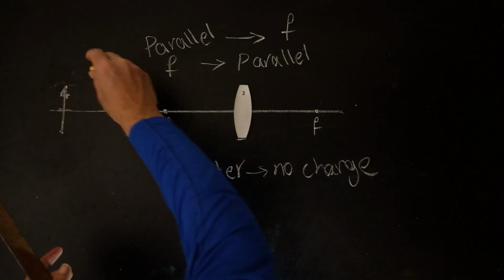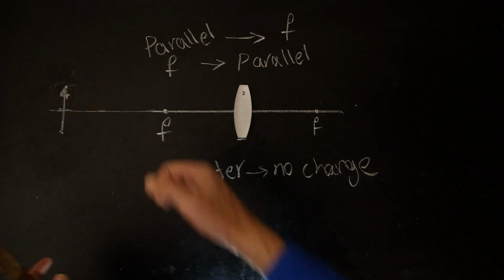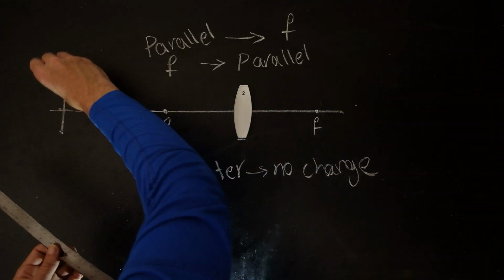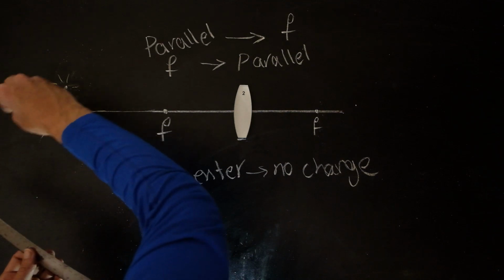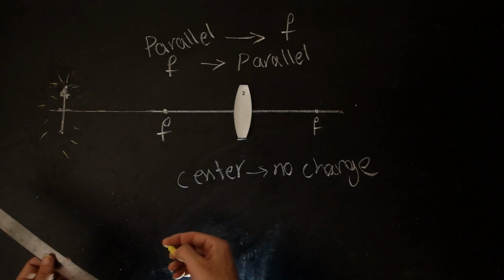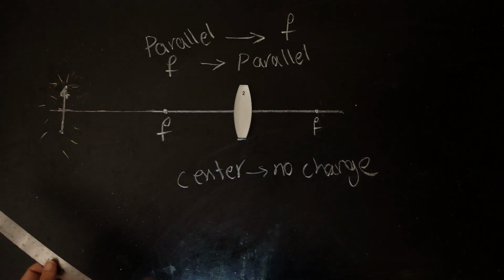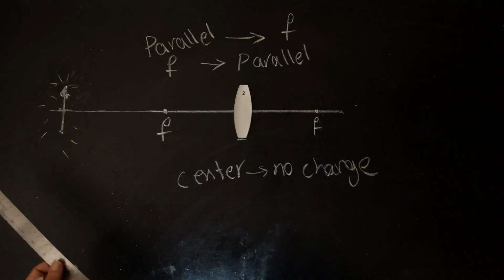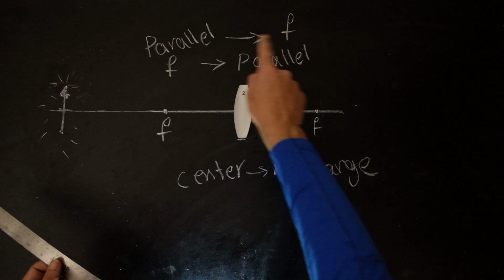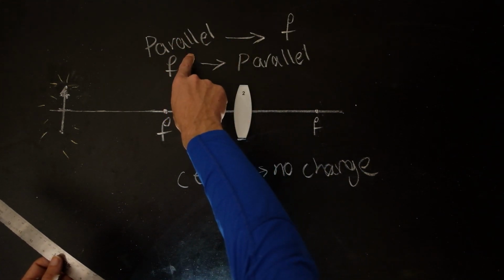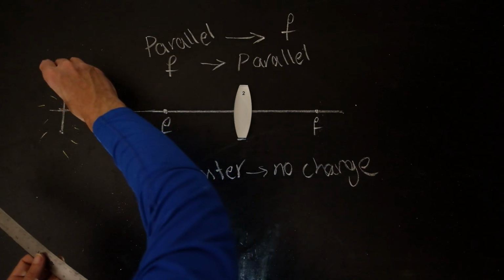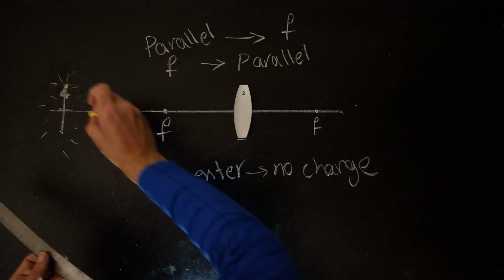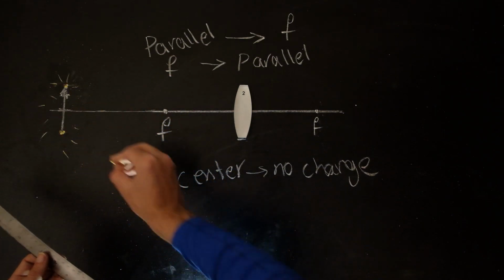For any extended object, remember we have billions of light rays going away, but we only know 3 rules here. So let's use these 3 rules. So first rule says, if I have a parallel ray, it will go through F. So I will pick one point here and another point here.